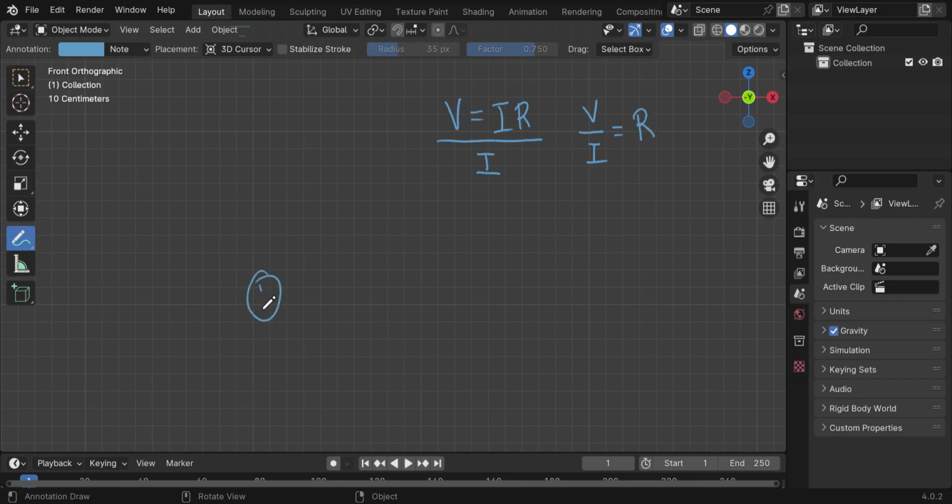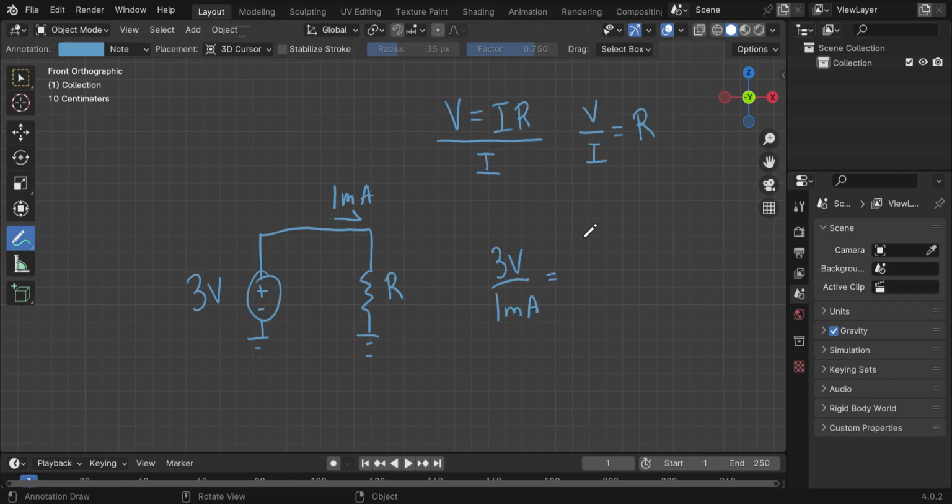So that means that, say we know how much voltage is being supplied, let's say it's 3 volts, and we know the current, and what we don't know is the resistance. Let's say 1 milliamp of current. All we have to do is plug in what we know to find the remaining unknown. We'll end up with 3 volts divided by 1 milliamp.